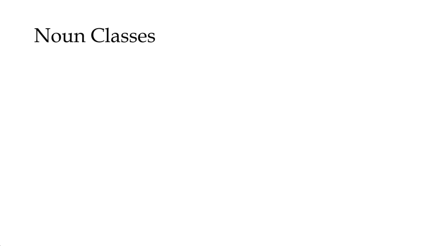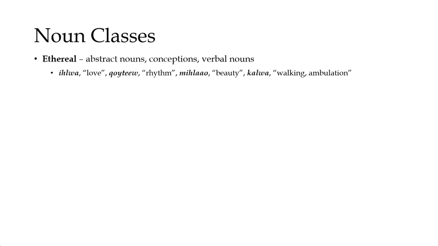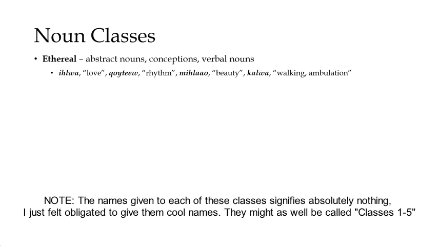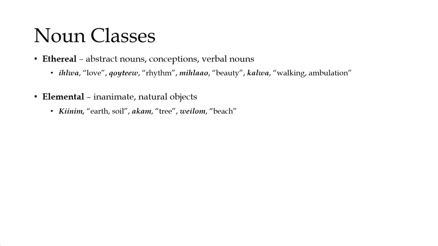In the time of classical Oqolaawak, all nouns are sorted into one of 5 noun classes that form a loose animacy hierarchy. So going from lowest animacy to highest, we start with the ethereal class, which includes abstractions, concepts, emotions, and verbal nouns. Elemental nouns are mostly inanimate, naturally occurring objects, like rocks, plants, and places.